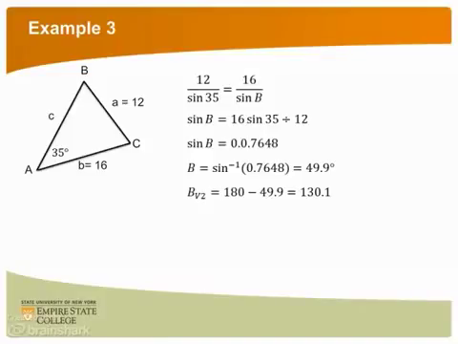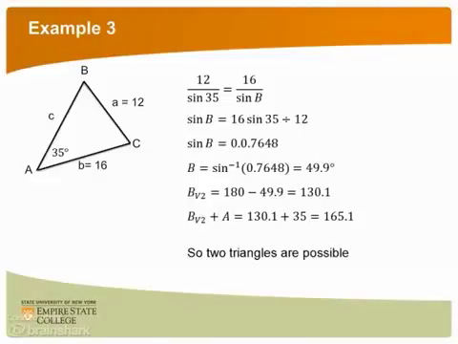We subtract that amount from 180 to find the second quadrant version. Angle B version 2 equals 130.1 degrees. To check if this leads to a second possible triangle, we add the original angle measure we were given. 130.1 plus 35 is only 165.1.